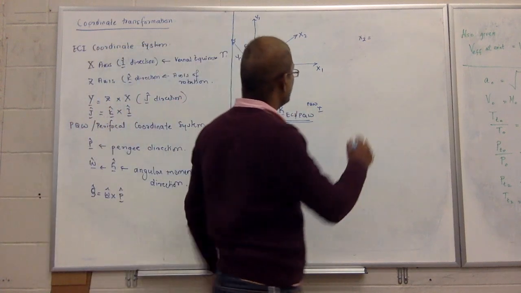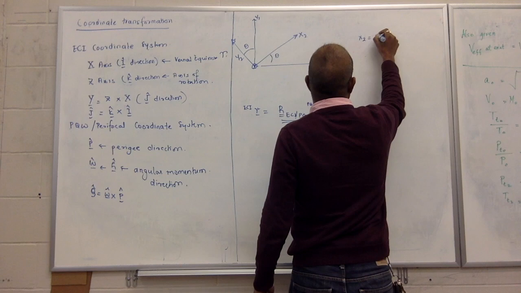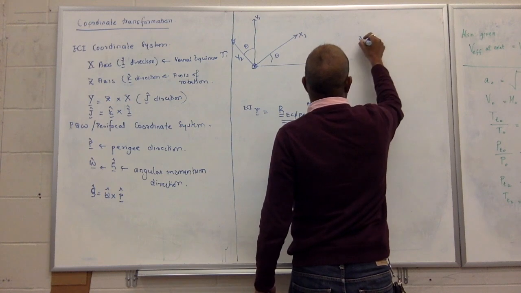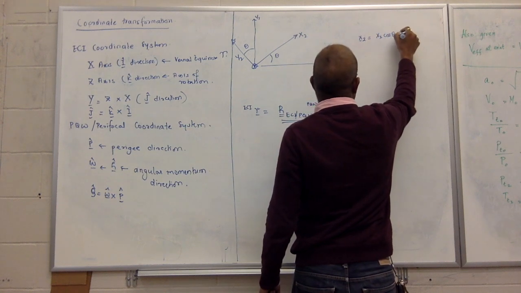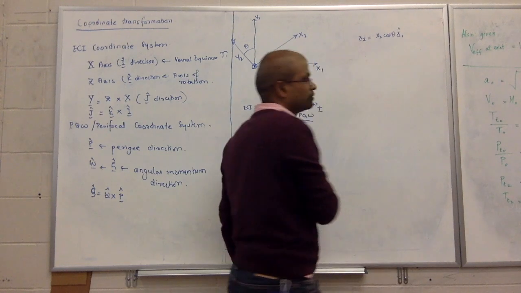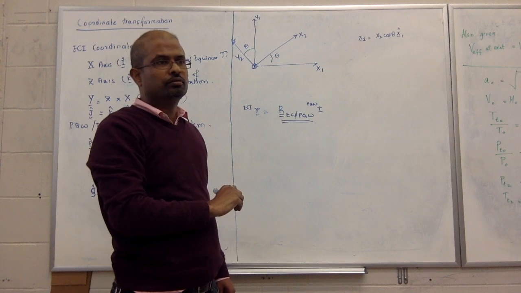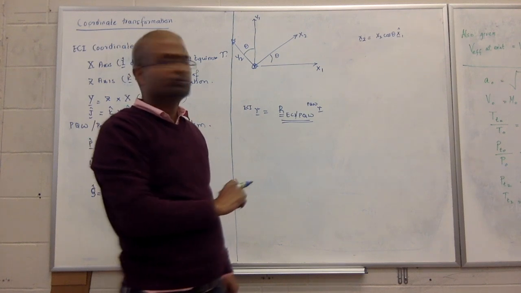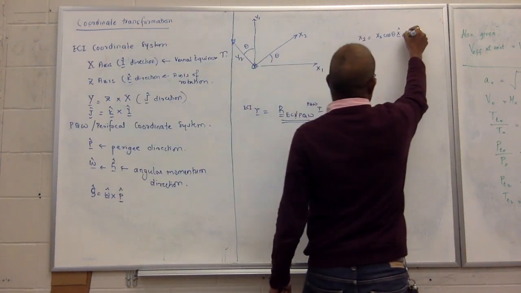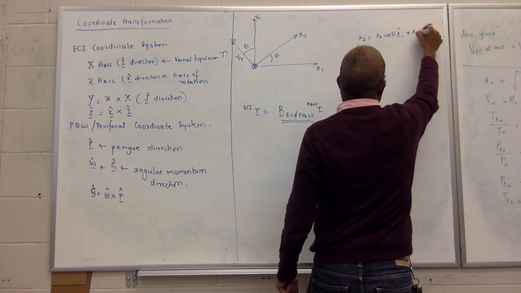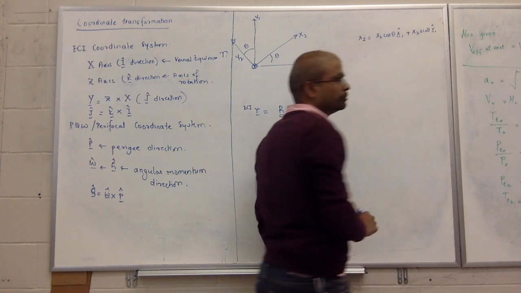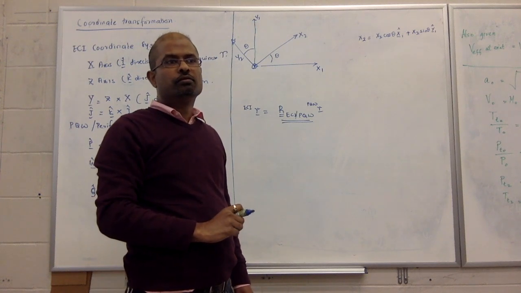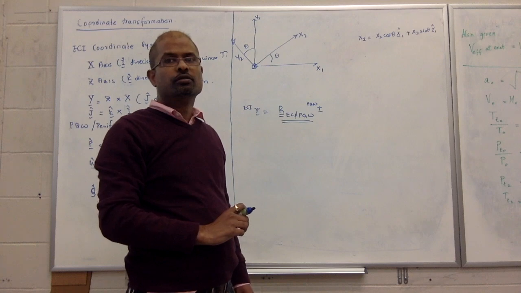So your vector x2 would be written as x2 cosine theta in the x1 direction, you with me, plus x2 sine theta in the y1 direction. You get it?